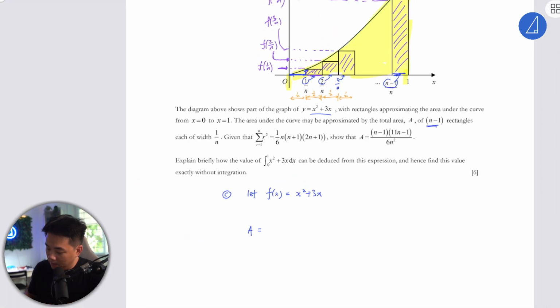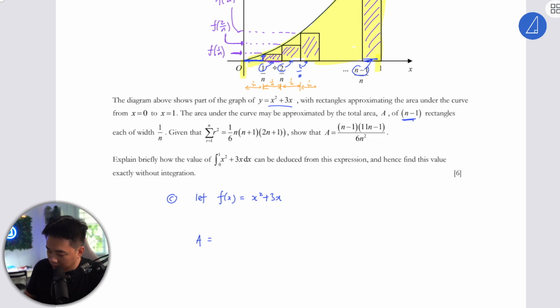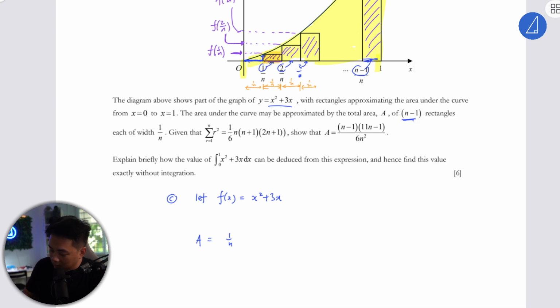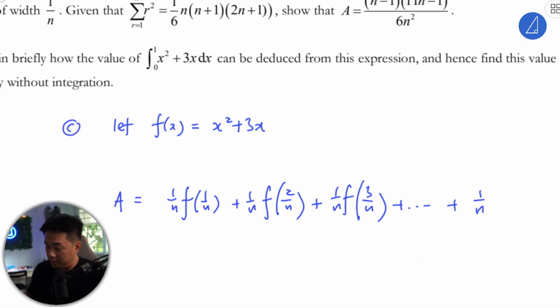Once you're done, what we can do is just sum them up. So A will be 1 over n times f(1 over n), this first rectangle, plus 1 over n times f(2 over n), plus 1 over n times f(3 over n), till the last one, which is 1 over n times f((n minus 1) over n).